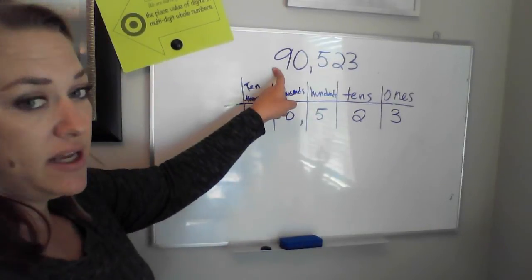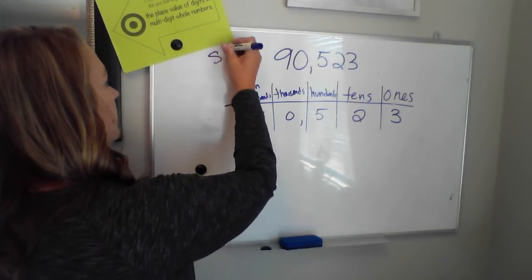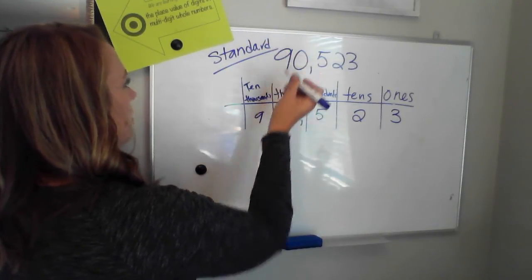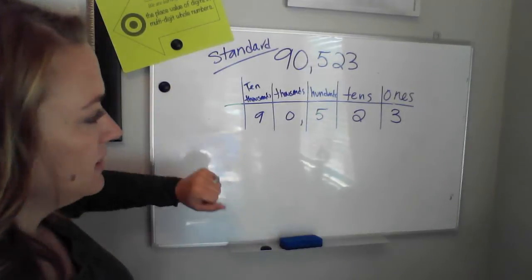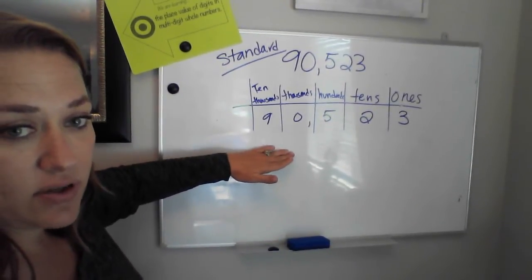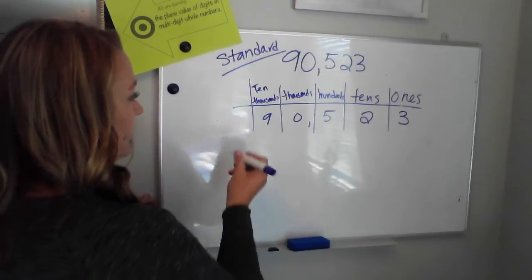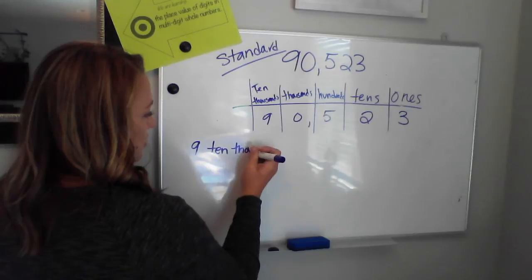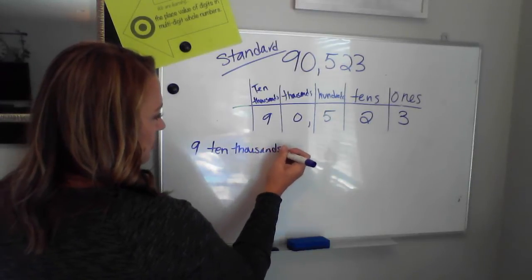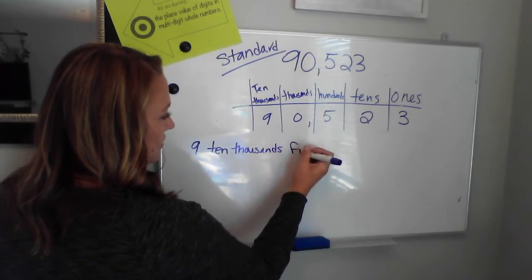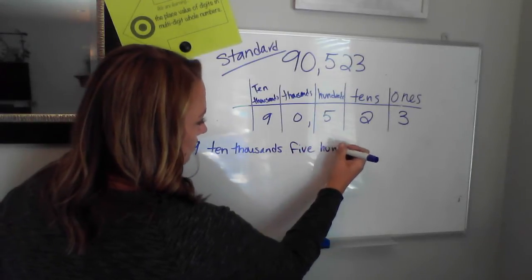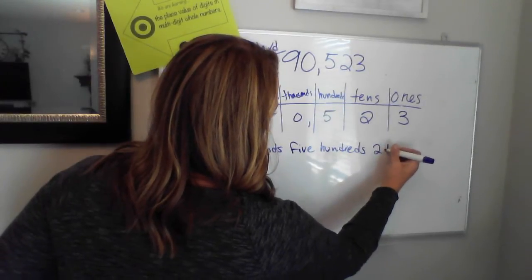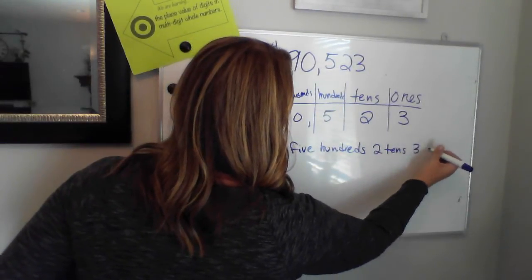Okay, so now we're going to write this number in, so we already have standard form. So this is standard. So we're going to write this in unit form, and that's where the place value chart really helps out. Okay, so we have 9 10,000s, 500s, 2 10s, and 3 1s.